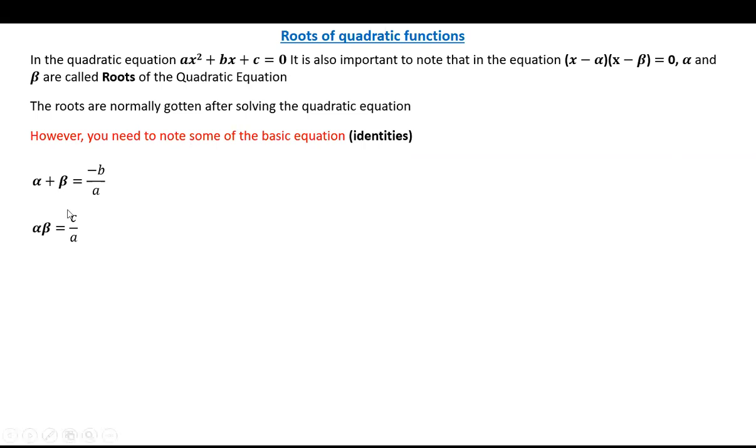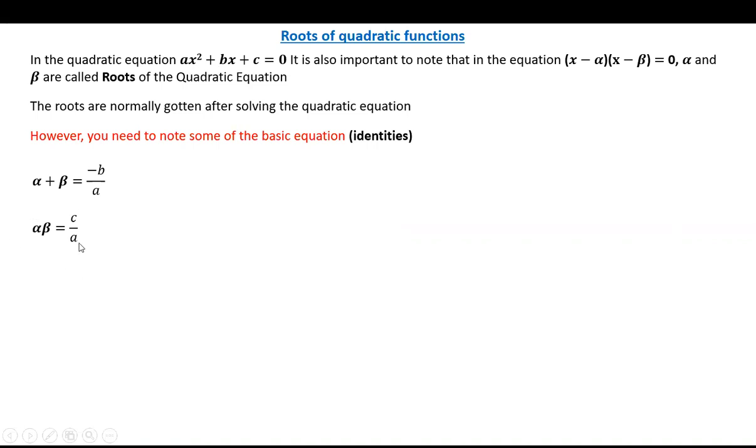When you look at alpha, in this case, alpha is the answer that you get here, and this beta is the number that is there. When you look at this negative b and this a, these are the coefficients of x and x squared respectively.